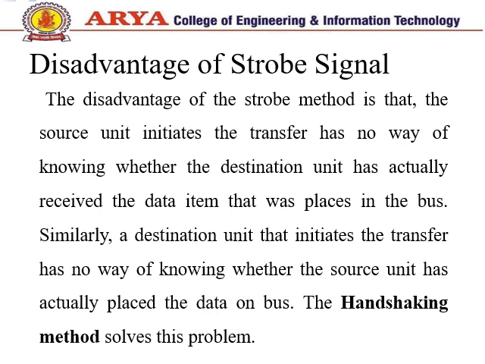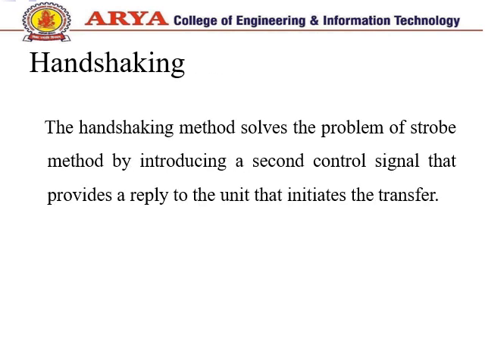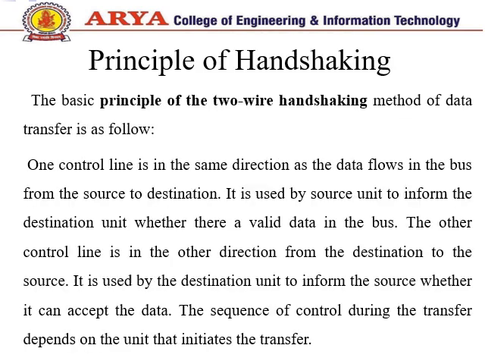The handshaking method solves this problem. Handshaking. The handshaking method solves the problem of the strobe method by introducing a second control signal that provides a reply to the unit that initiates the transfer.